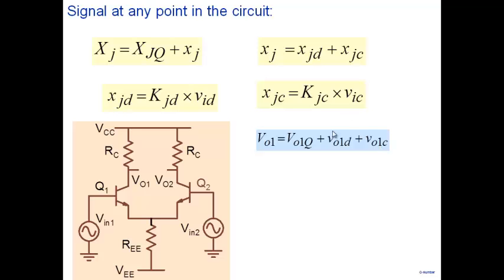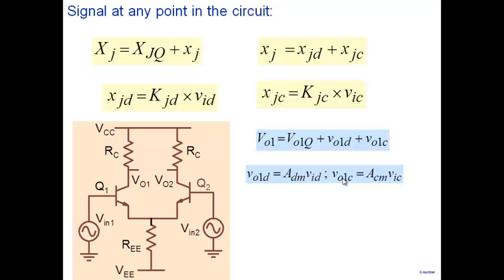Except that, note that this used to be one single small signal voltage. We have broken it down into two parts, differential and common mode. So all analysis in differential pairs is done now in two steps: we have to do a differential mode and a common mode. So differential mode V01D will be related to VID, the differential signal, through a differential mode gain.